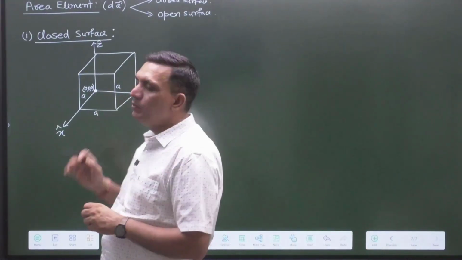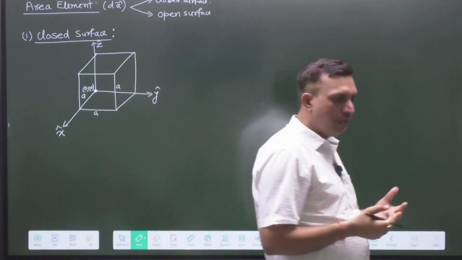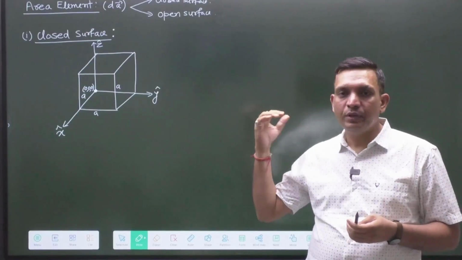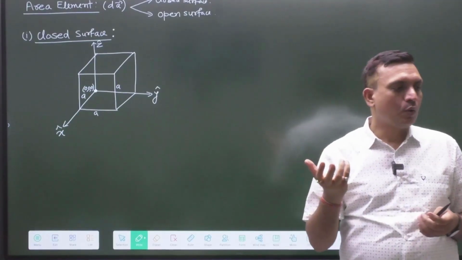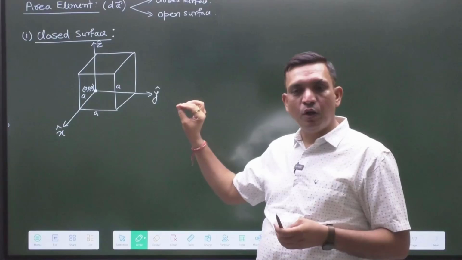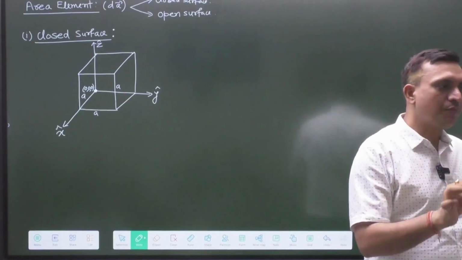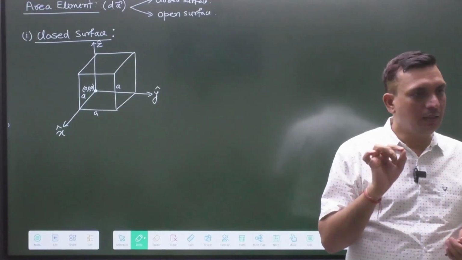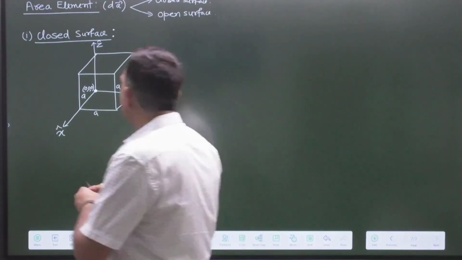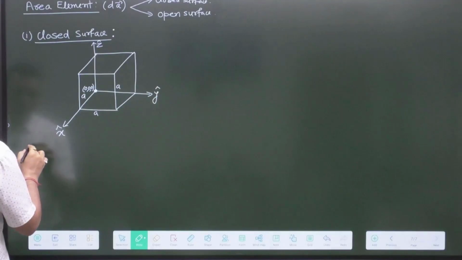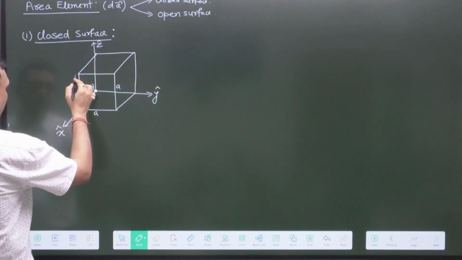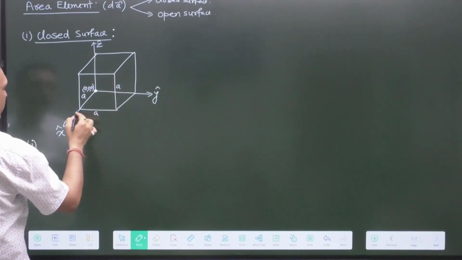So this volume is surrounded by how many surfaces? 6 surfaces. So if you consider all 6 surfaces, then it forms a closed surface. So this particular volume is surrounded by 6 surfaces, and we have to write area element on each surface. So let us first consider surface 1. I am taking this particular surface. This is surface 1.